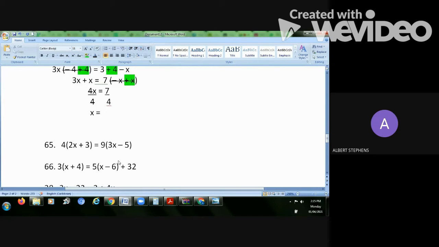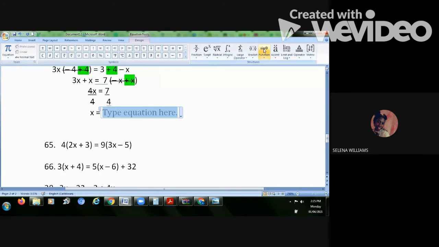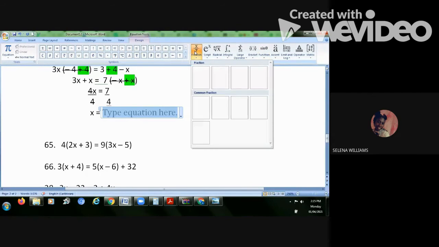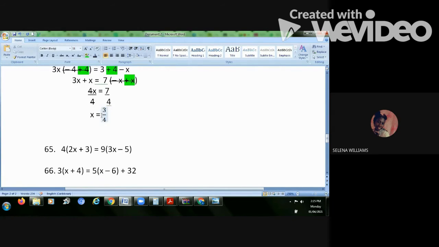That's why our decimal. We're going to get 1.75. So you're going to get 1 and what? 3 over 4, don't you? Or you get 1.75? Yes, sir.